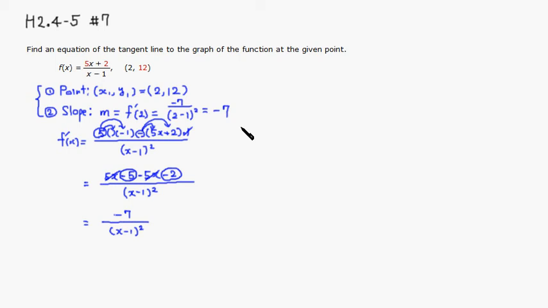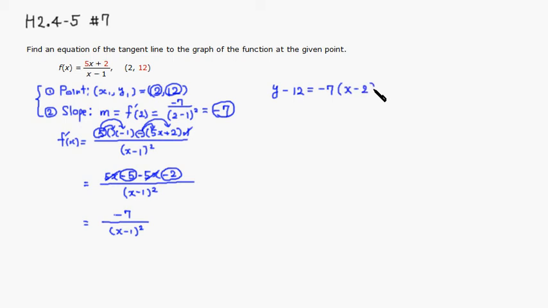By the point-slope form, we can find the equation. The equation is going to be y minus y1, which is 12, equals the slope, negative 7, times quantity x minus x1, which is 2.